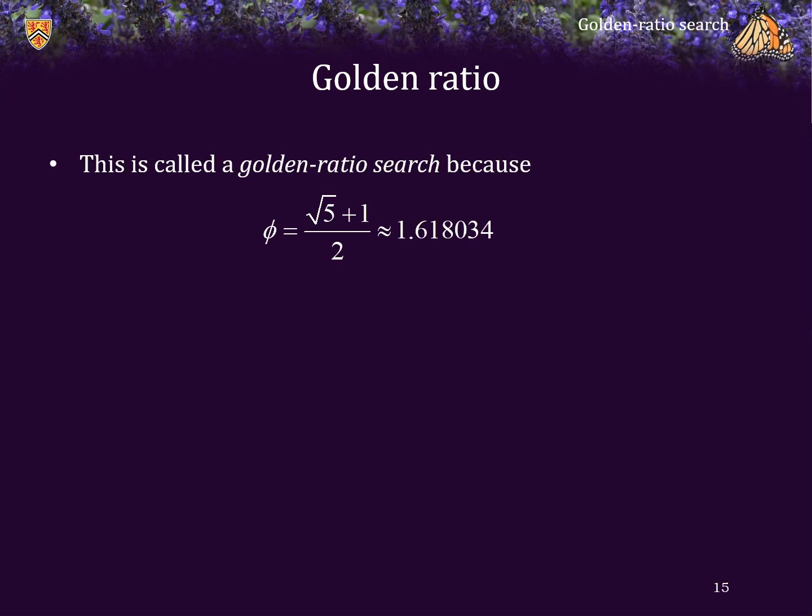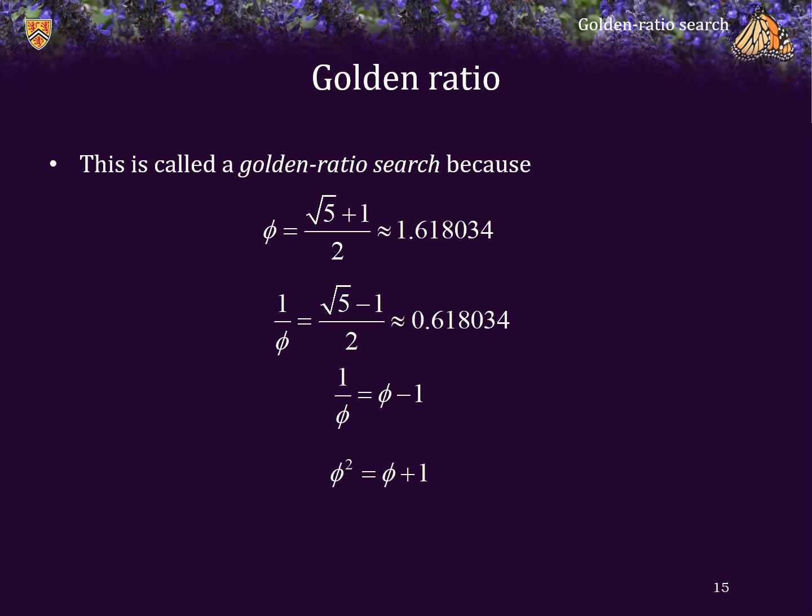Now, this is called a golden ratio search because this is the golden ratio above here. It happens that 1 over the golden ratio is equal to this value here, and looking at those two, you will see that 1 over the golden ratio is equal to the golden ratio minus 1. There's a few other nice properties.